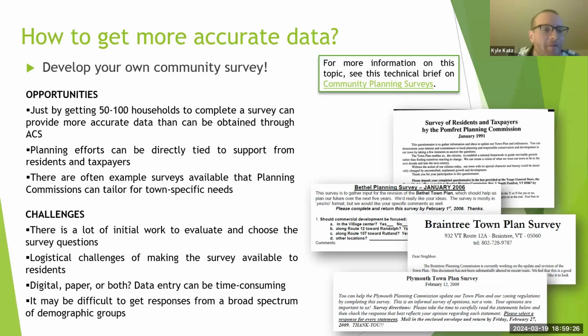If you can get 50 to 100 households to complete the survey, it can provide more accurate data than can be obtained through the ACS. Your sampling is going to essentially go through the roof. And when you get the survey results, those results can be directly tied in to support for a plan.